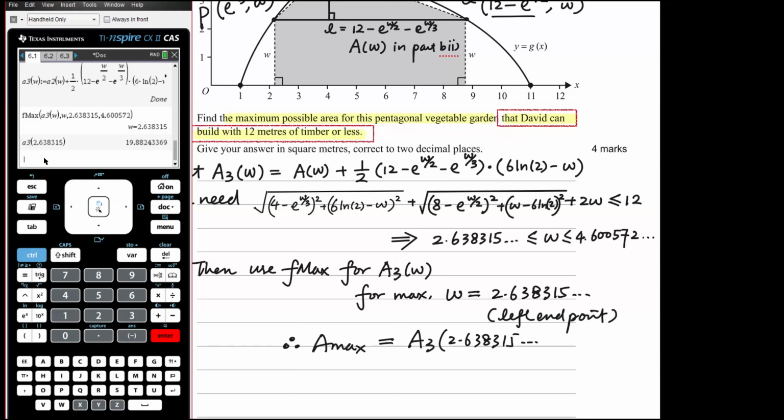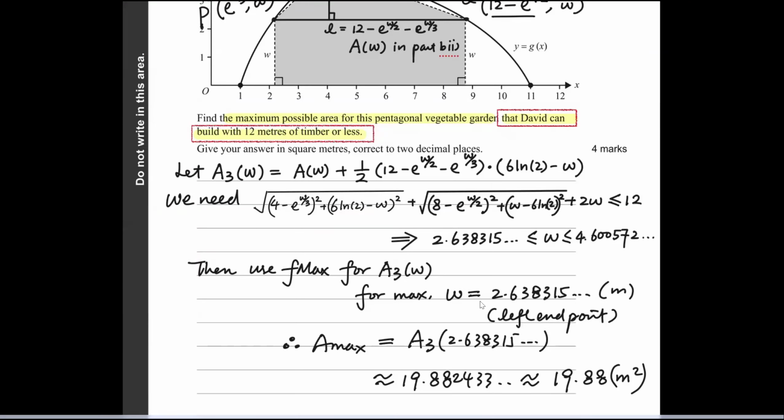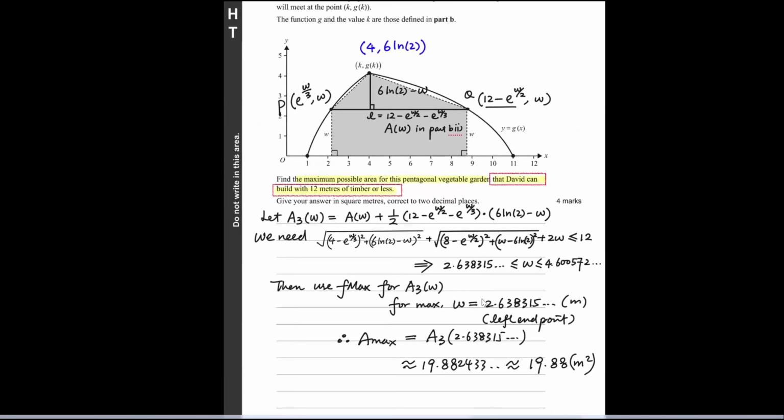You can see I kept 6 or 7 decimal places, which will guarantee a reasonable accuracy. So it's rounded to, this is in meters, and this is 19.88 meters squared. Okay. Right. Hopefully I get everything correct.